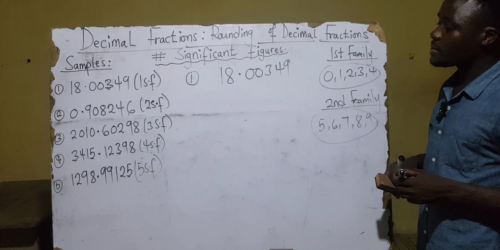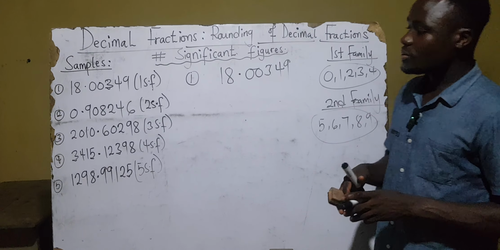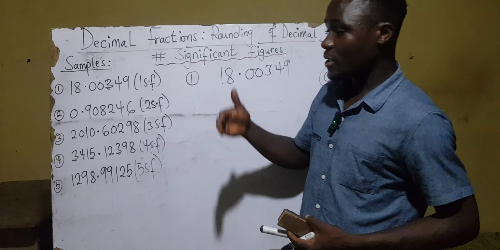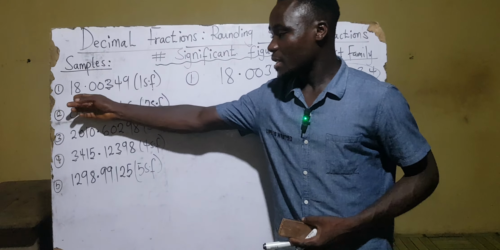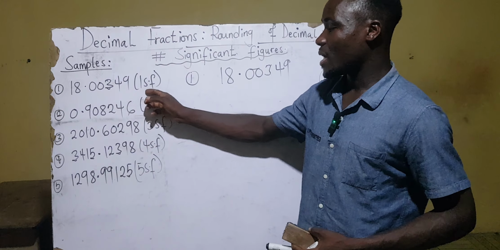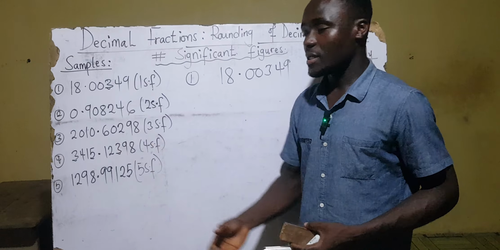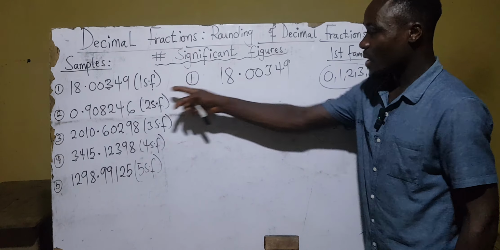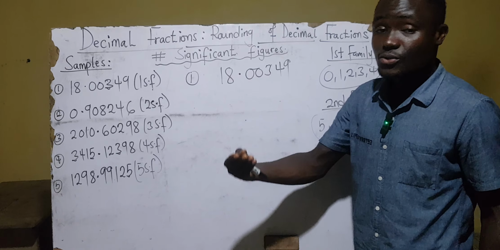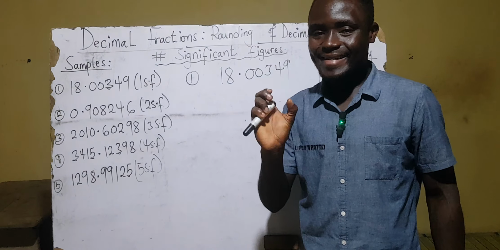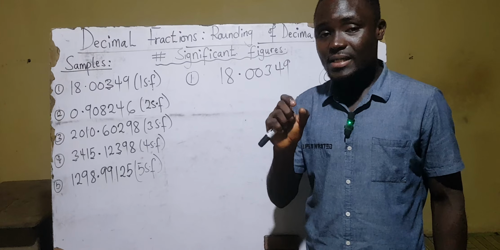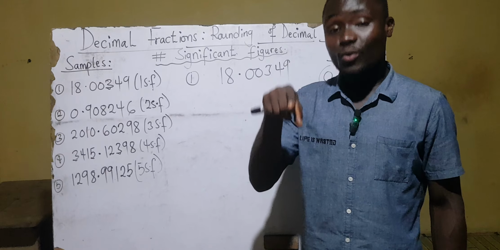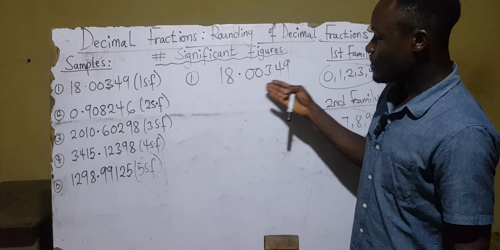All right. So over here, the rule of the game, or the instruction, stated that we should round this decimal fraction to 1 significant place. Are you getting me? All right. So let's see how to do that. Rounding this to 1 significant place, in the first place, we are going to identify the digit that lies within the 1 significant place position. So let's start by counting.